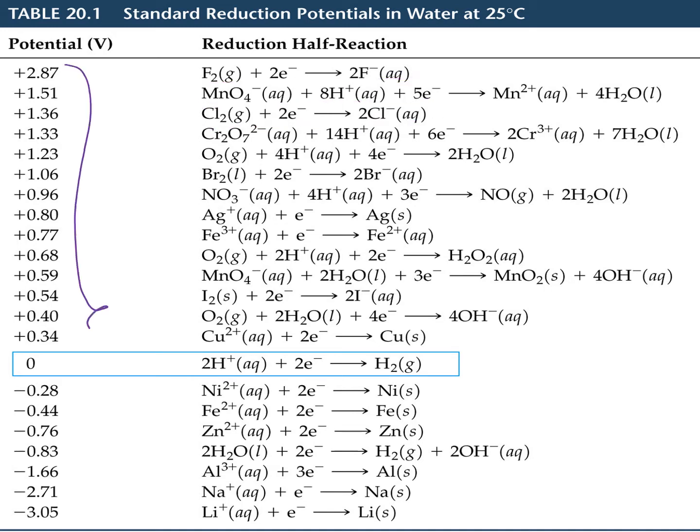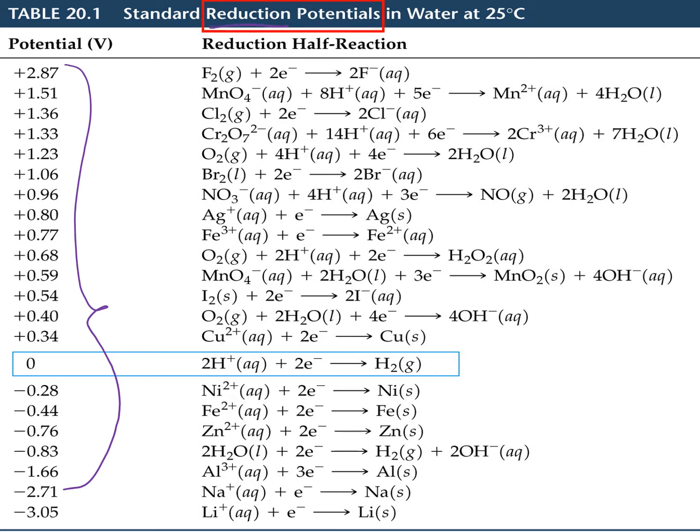Use whichever value here that you think in our E naught cell equals E naught reduction cathode minus E naught reduction anode type equation.